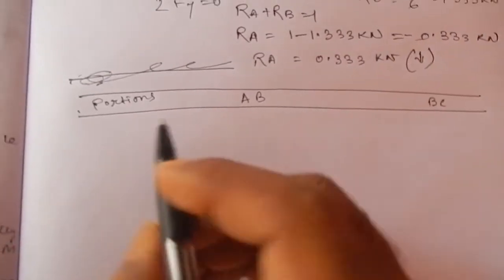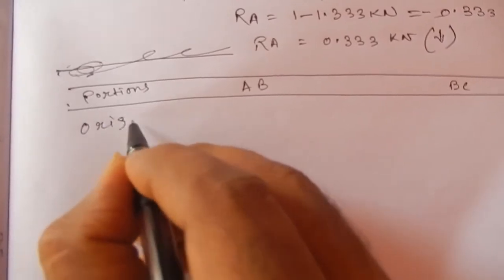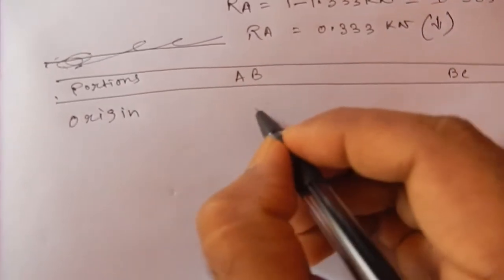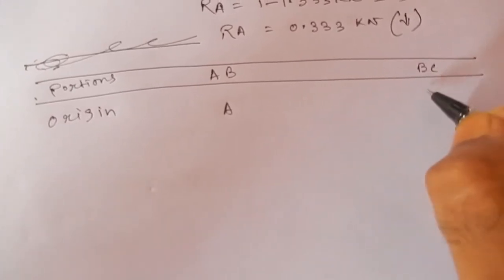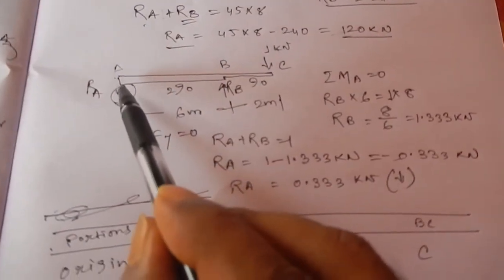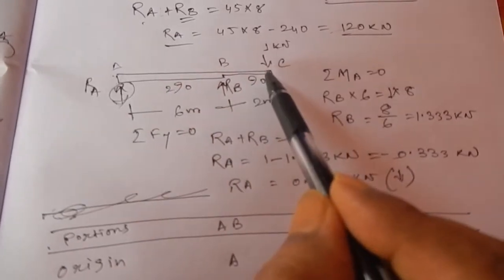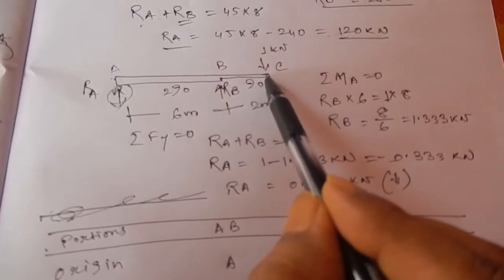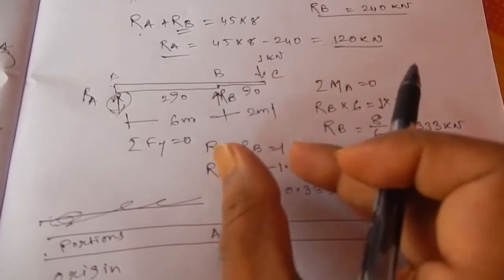Now for the AB portion, let us take the origin as A, and for the BC portion, let us take the origin at C, because it will be easy if you take the section from this direction and find the moment from this direction for this part.